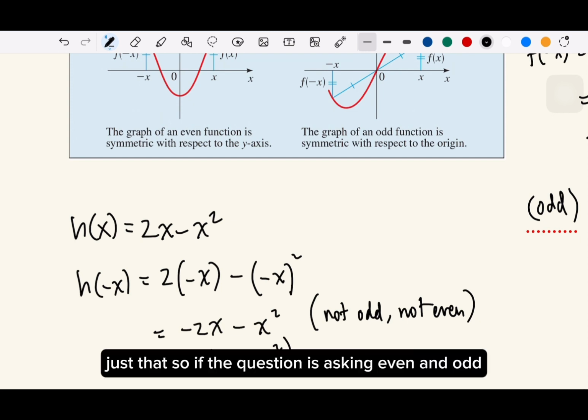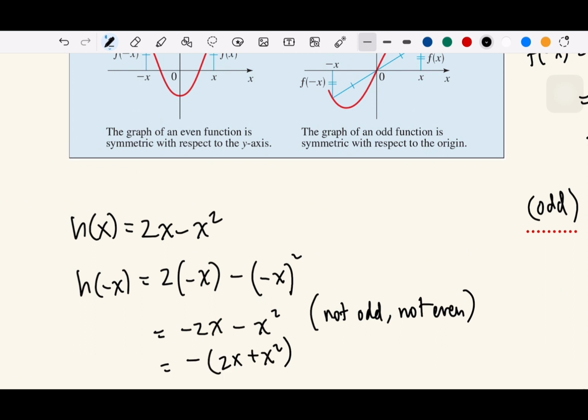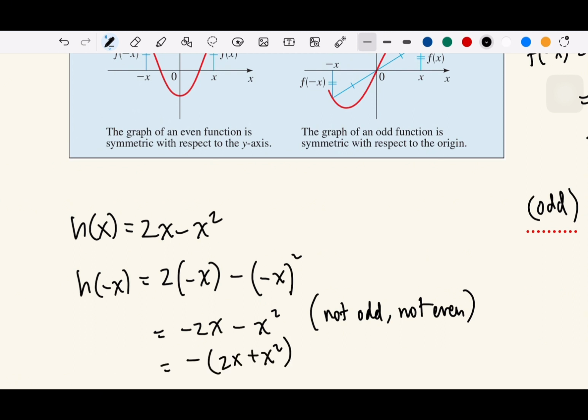Yes, just that. If the question is asking about even and odd, and you reach the conclusion that it is not odd, not even, you can just write that it's not odd and not even. I think I also had that kind of mindset: when you have a question, you need to have an answer. If there is no answer, just write down no answer for this question.